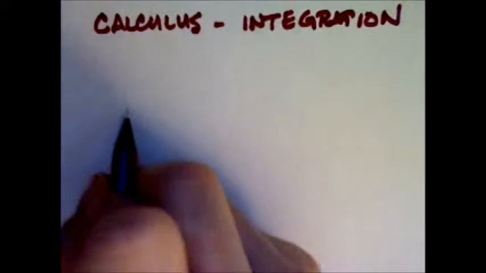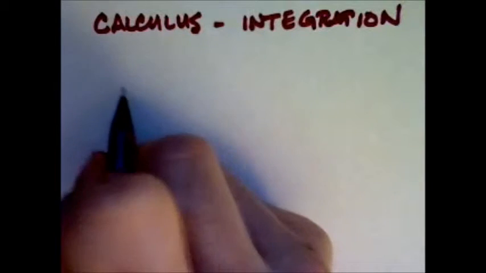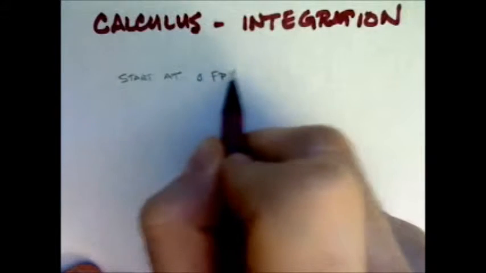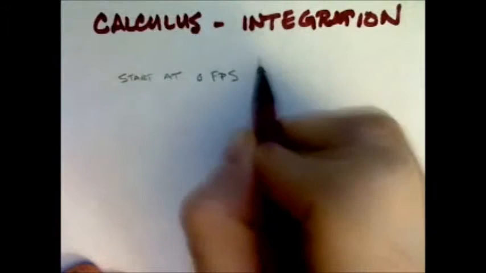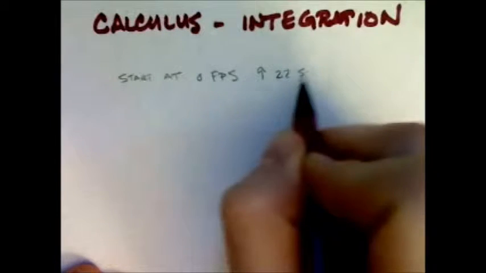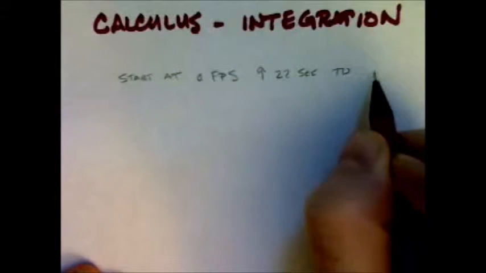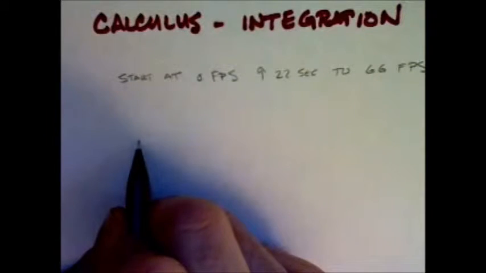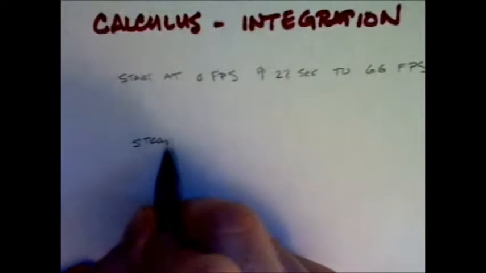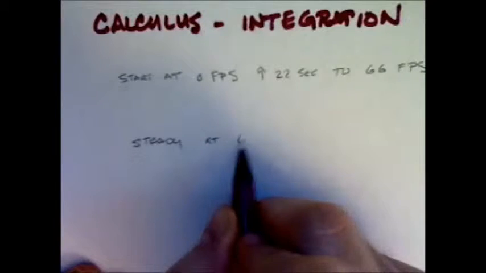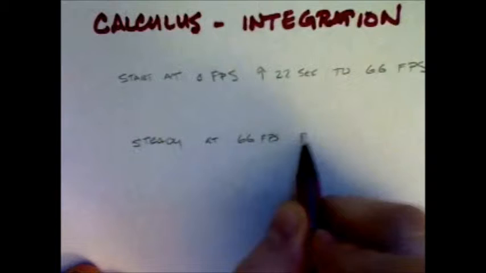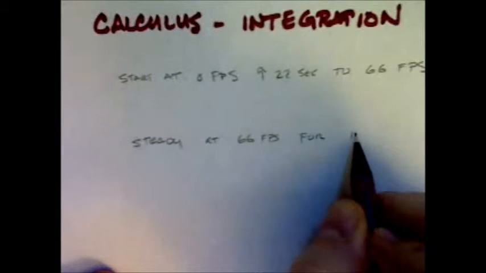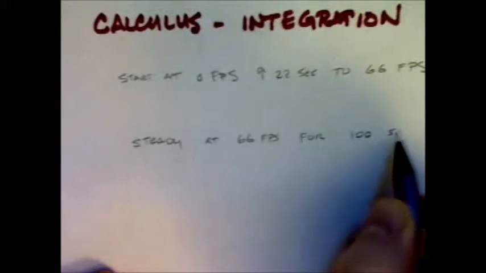Imagine I have a car. All right, I'm gonna start off at 0 feet per second, and I'm going to accelerate over 22 seconds to 66 feet per second. Okay. Then I'm going to stay steady at 66 feet per second for 100 seconds.